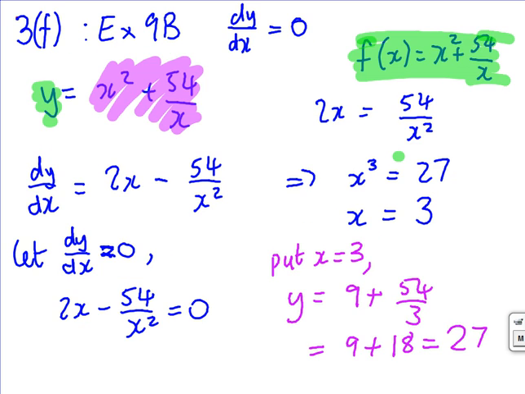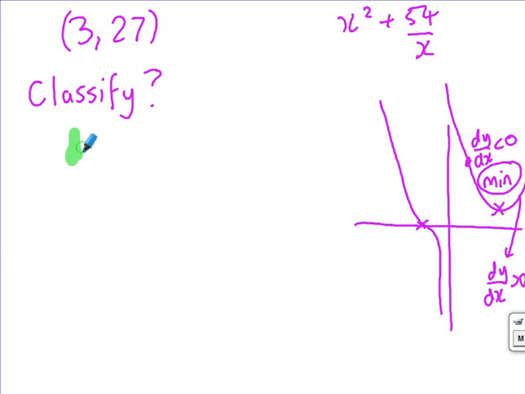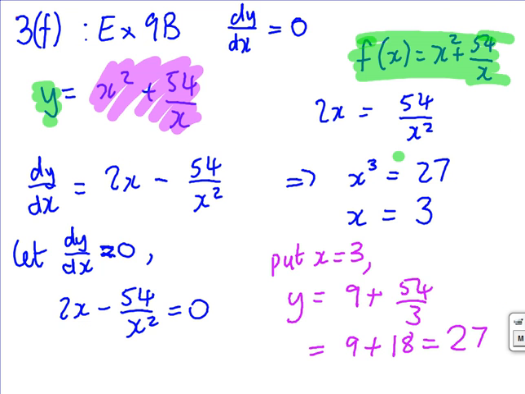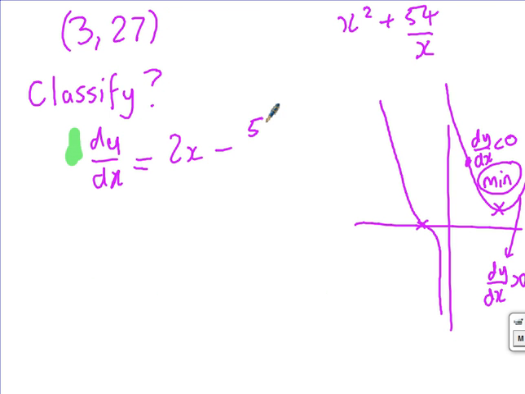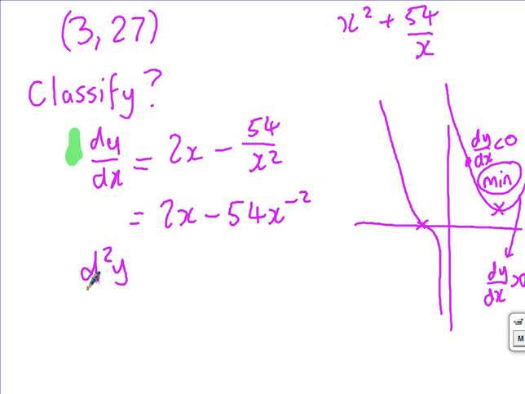We know that our gradient is 2x minus 54 over x squared. If we prepare that properly, we'll have 54x to the minus 2. So let's differentiate again.